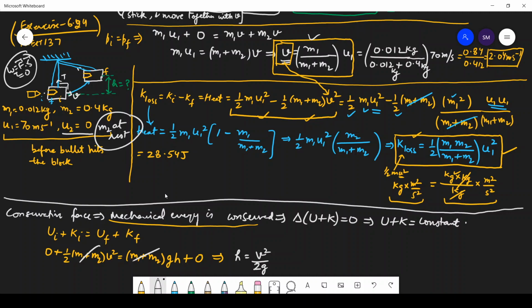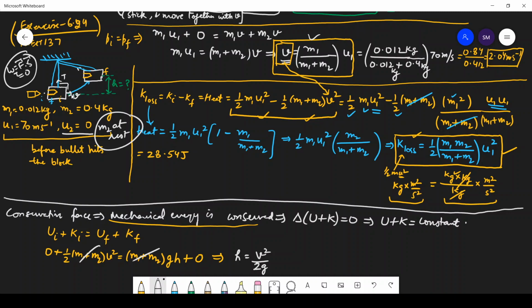Okay. Now the concept that I am talking about is, as there is only one force, the gravitational force, this motion is in 2 dimensions, x-axis and y-axis. On the y-axis there is the gravitational force acting on it, but in the x direction there is no force acting on it.